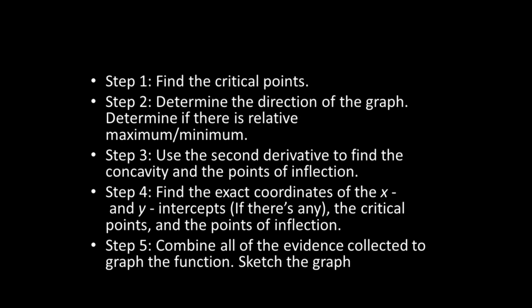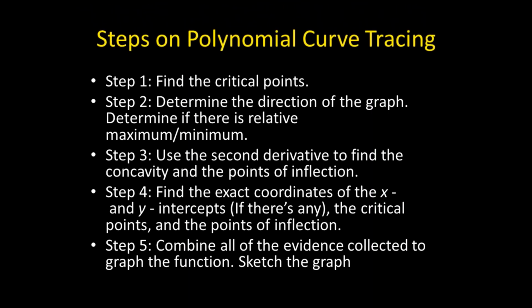Here are the steps on polynomial curve tracing. Step 1. Find the critical points. Step 2. Determine the direction of the graph and determine if there is a relative maximum or relative minimum. Step 3.